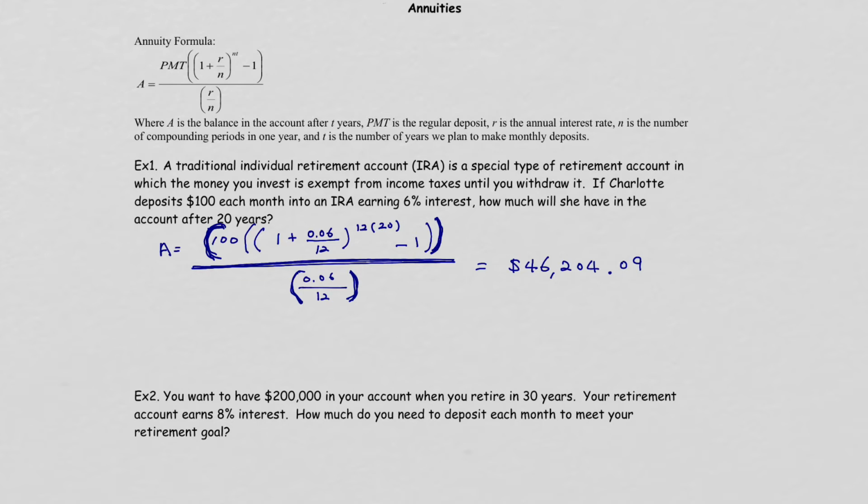The next problem, if we look at it, is asking how much you need to deposit each month. So here, this problem is asking you to find this value, PMT. And the easy way to remember this is just rewriting this formula for PMT. So basically, you need to isolate PMT here.